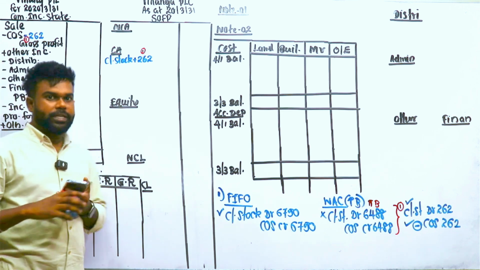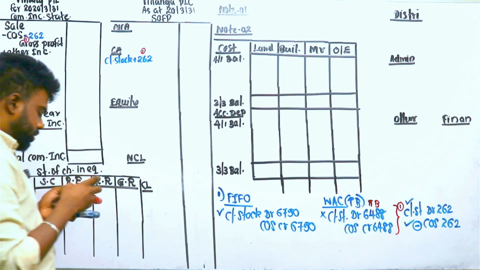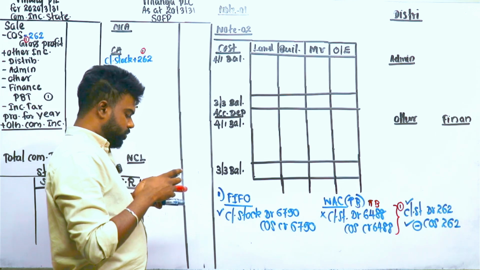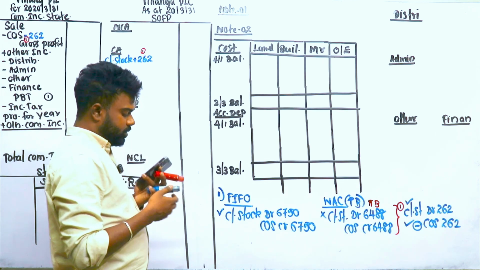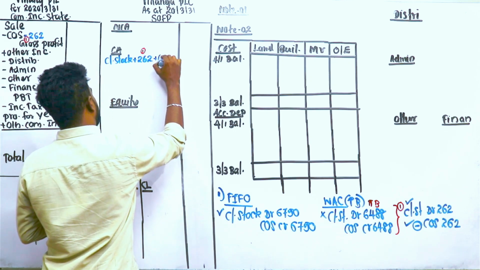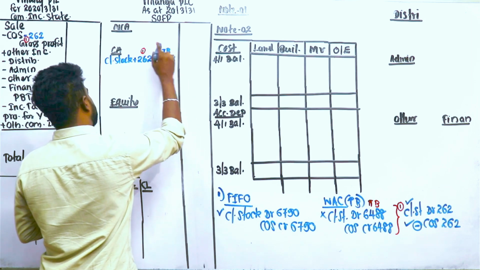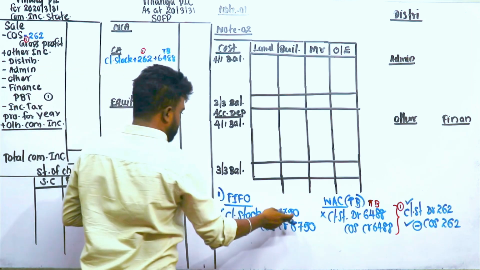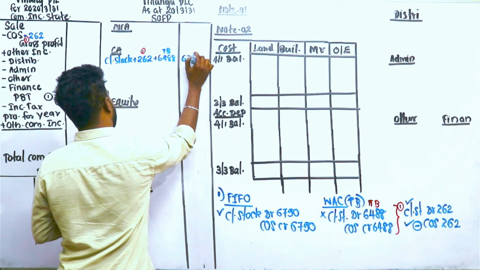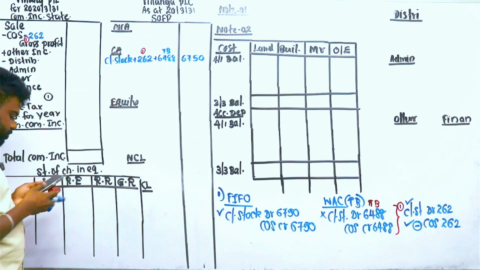Tell me the TB balance. How much is the TB balance? The trial balance was 6,488. The adjusted value is how much? 6,750. Adjusted value.